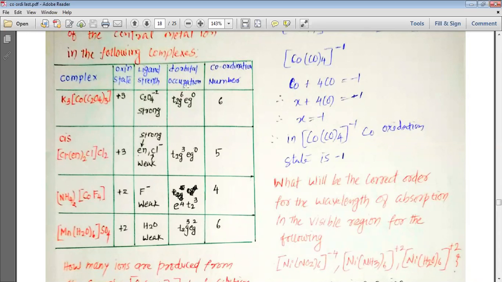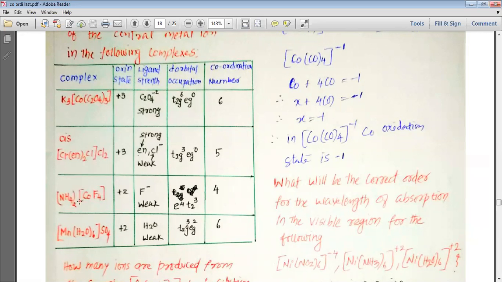So the d orbital occupation is easily written as t2g3 eg0. Ethylenediamine is a didentate ligand, whereas chlorine is a monodentate ligand. So the total coordination number is 2 times 2, that is 4, for ethylenediamine plus 1 for chlorine, so a total of 5 for [Cr(en)2Cl]Cl2.